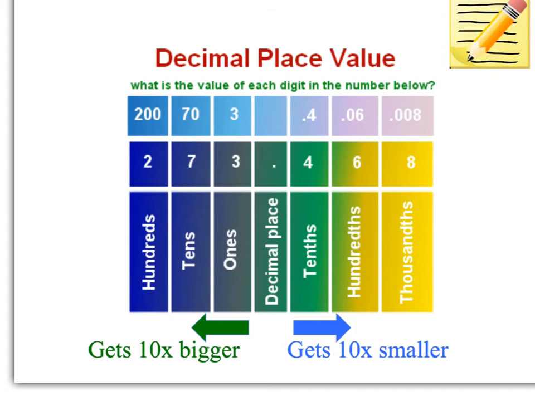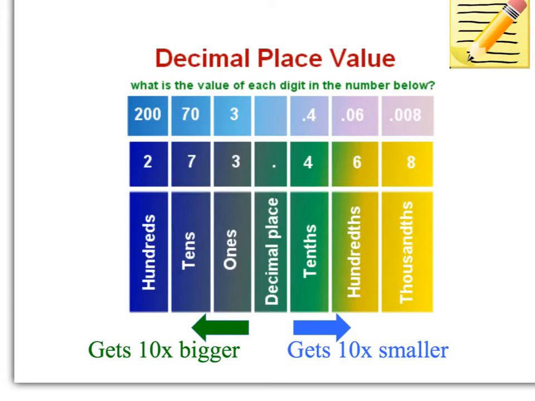Okay, now it's very important to understand place value when we are working with decimals. So we can see that we have the decimal place here in the middle, and obviously all of the numbers to the left, all of these numbers here, are whole numbers, and all of these numbers to the right, these are the decimals.